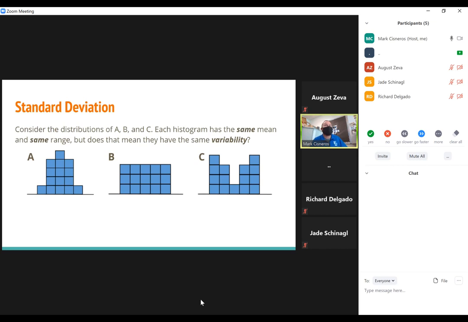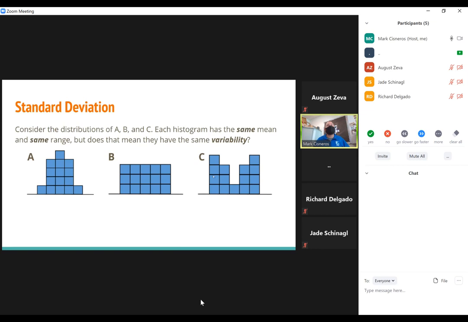Is it skewed or symmetrical? They're all symmetrical, right? If it's symmetrical, the mean and median have to be right in the middle, so we know the mean is the same on all these. And if you look, the range is all the same. The lowest to the highest is the same on all of these. Even without numbers, we can tell it's all the same, okay?